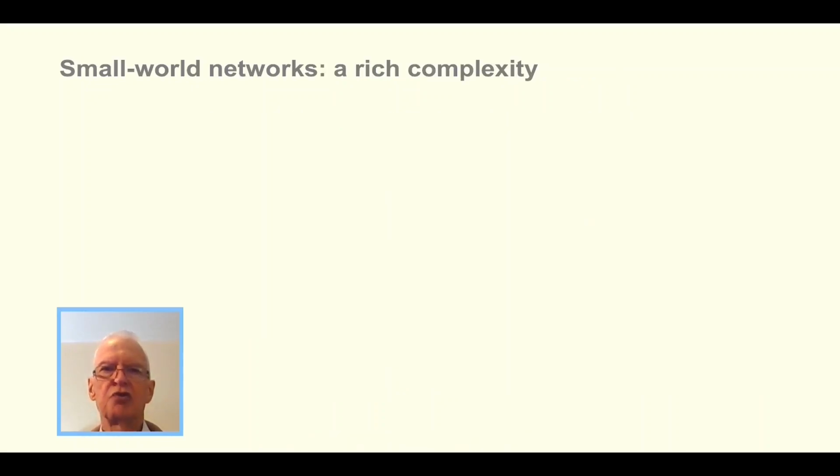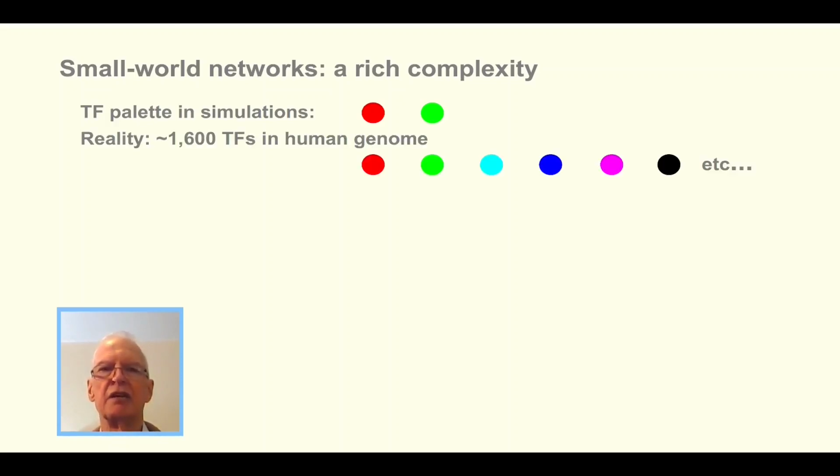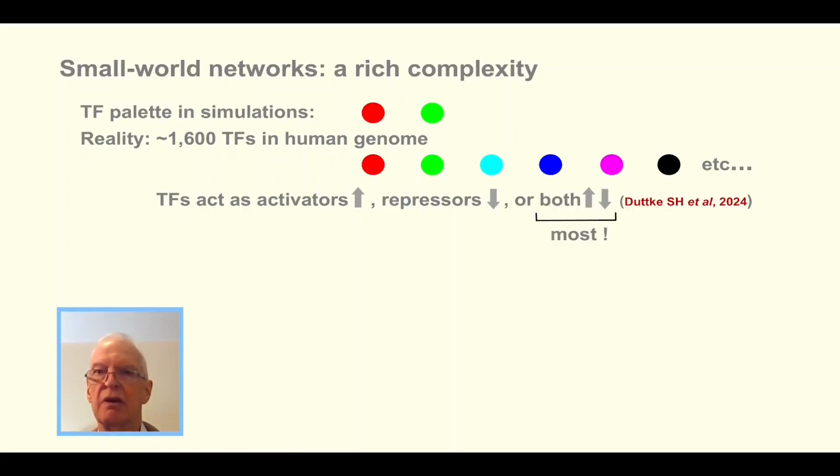So I've introduced you to the idea that small world networks are very, very complex. In our simulations, we've just got 2 colors, but in reality, there are about 1,600 transcription factors in the human genome. These factors can act as activators and repressors, or both.